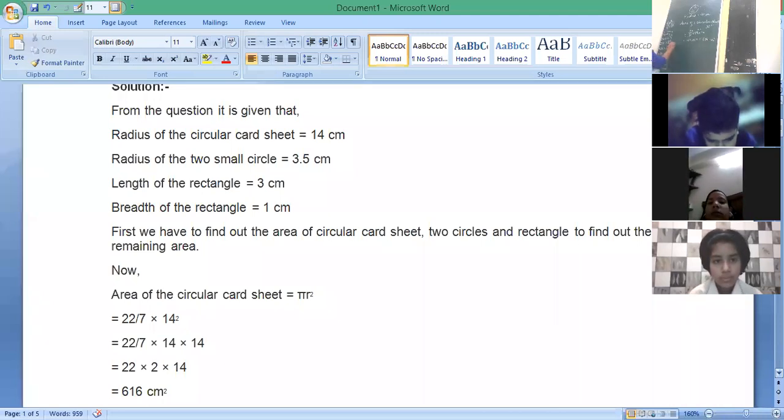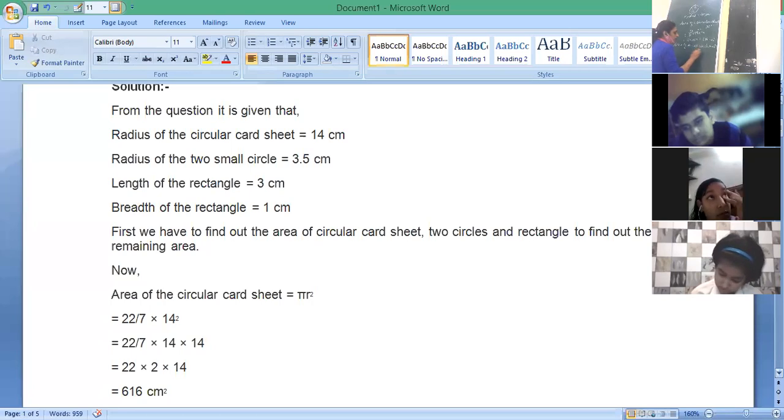So the area of a small circle: the formula will be the same, pi r square, because this is also a circle. But the radius will change to 3.5. So it will be 22/7 into 3.5 into 3.5.